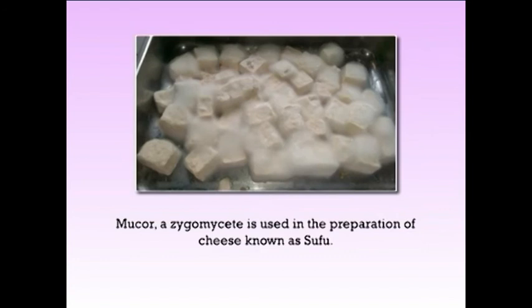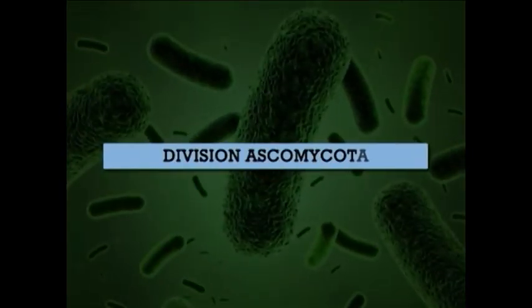This Mucor is also a zygomycete, which is used in the preparation of a cheese known as sufu. Not only this, zygomycetes are also used in the commercial preparation of anesthetics, birth control pills, industrial alcohol, meat tenderizers and so on.